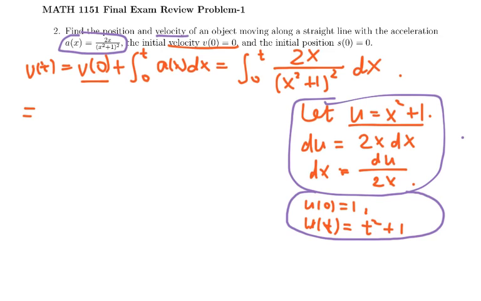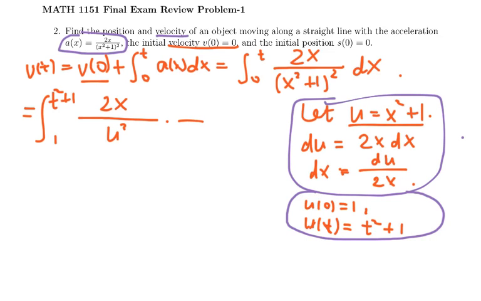Now we plug all the pieces into our integral. The lower bound becomes 1, the upper bound becomes t squared plus 1, and we keep 2x over (x squared plus 1) squared, which is now equal to u squared.